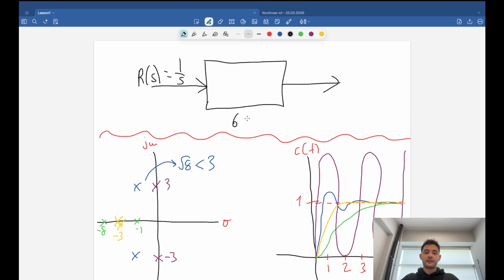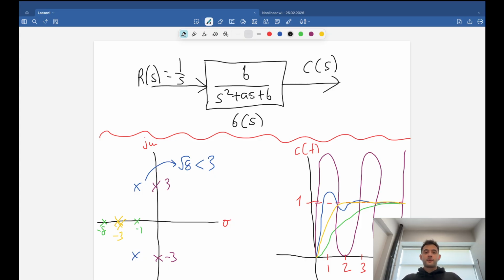Let's say this is G(s), and we have the output C(s). To form a basic second order transfer function, we can write a constant b over s squared plus as plus b. This is the most general formula to represent your second order transfer function.